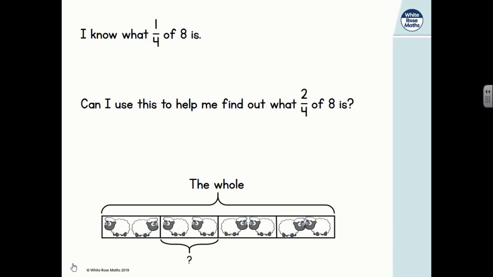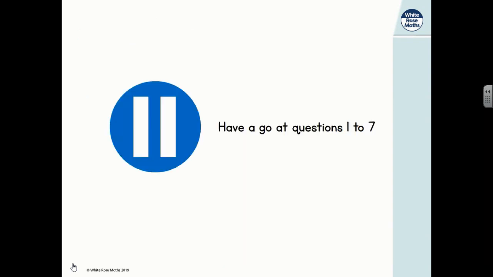Can I use this to help me find out what 2/4 of 8 is? Yes, I can. 1/4 of 8 was 2 sheep. So 2/4 of 8, I can see, is 4 sheep. That's the same as a half, isn't it? Pause here and have a go at questions 1 to 7.